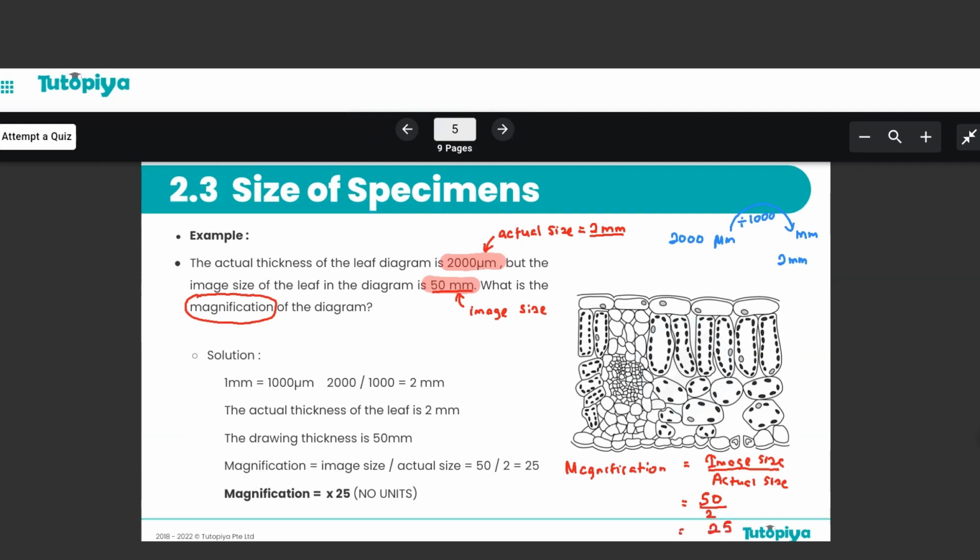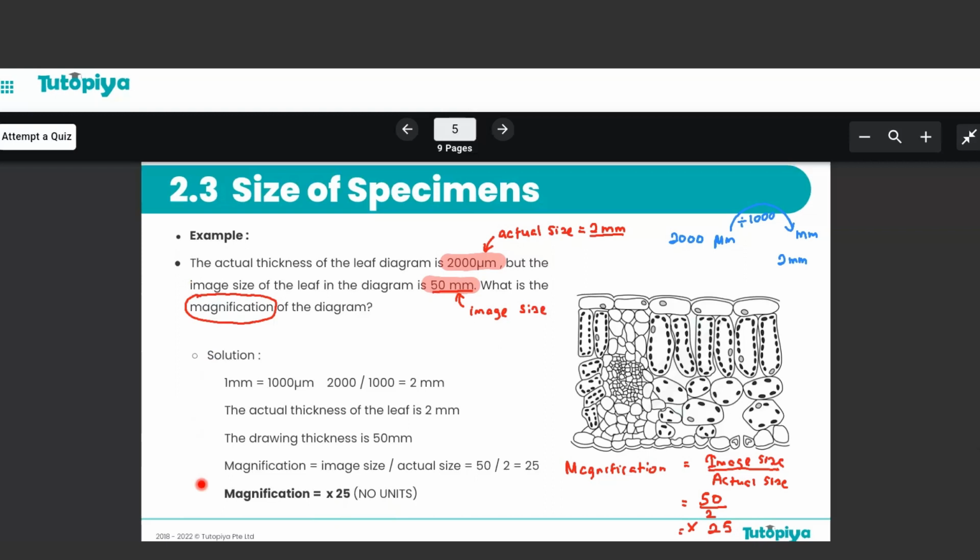Since this is magnification, I'm going to say times 25. Notice how there is no unit after the number. You just write it as times 25. All right, so this is one question that I wanted to discuss. I hope all of you understood this.